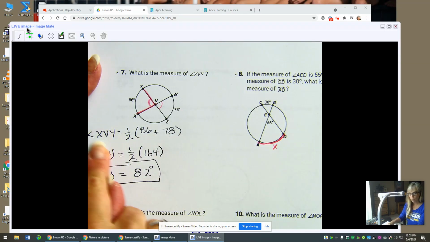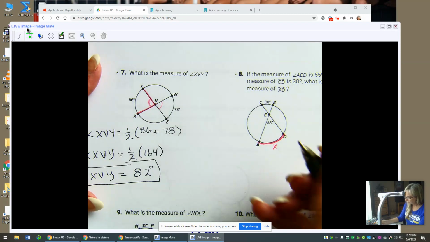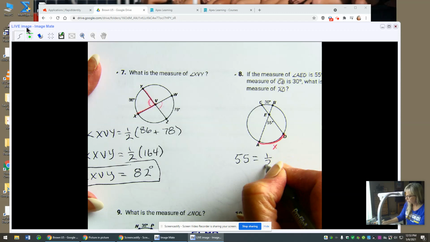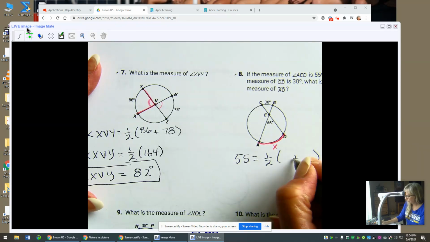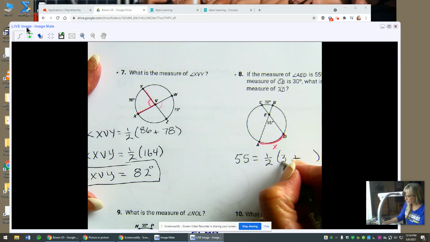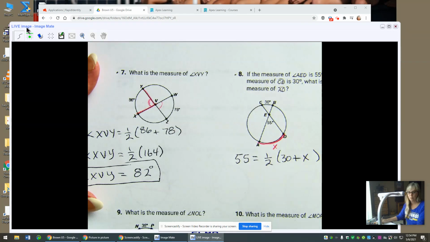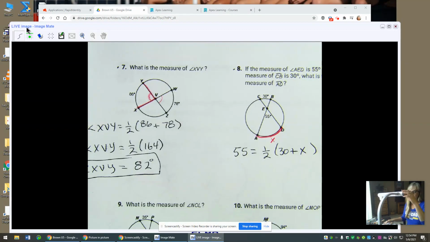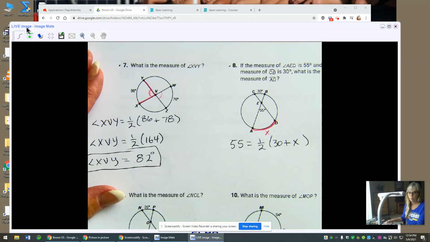This time we know the angle, so we'll start with that. The angle is 55, which is 1/2 the sum of the arcs. The arcs are 30 and x. So they're the same type of problem, but looking for different pieces of information using the same formula.